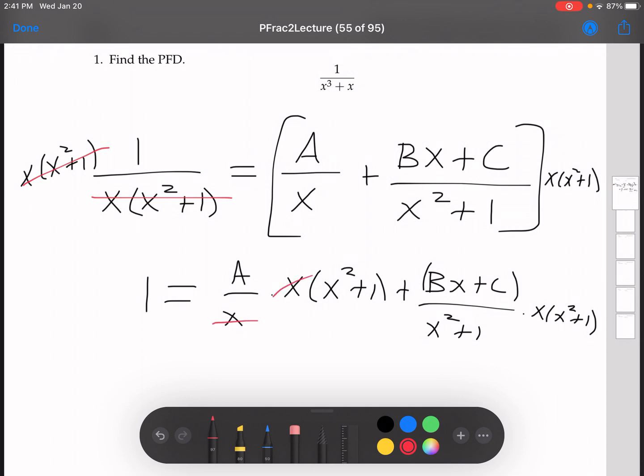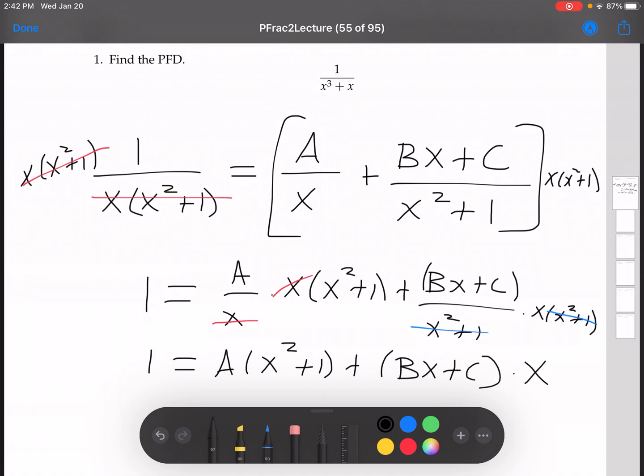That cancels. That cancels. We get 1 equals a times (x squared plus 1) plus (bx plus c) times x.